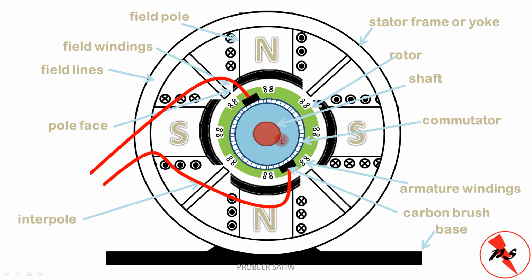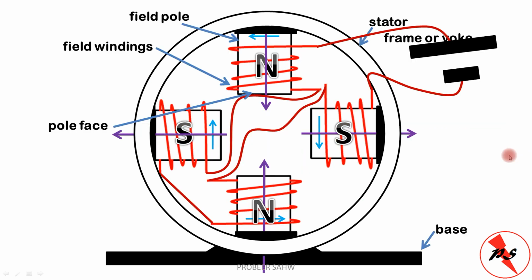So there are two sets of windings. When we connect these wires to carbon brushes, these act as the external terminals. If it is a DC generator, we can have DC current through these terminals, and if it works as a DC motor, then we can pass DC current to the machine through these terminals. And again, remember, there is another set of winding which is the field winding, which is powered by DC current.